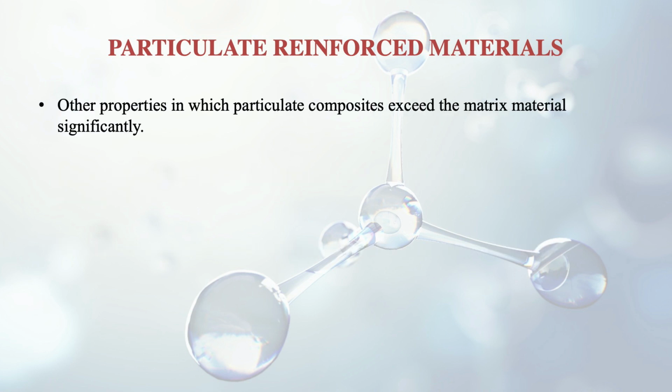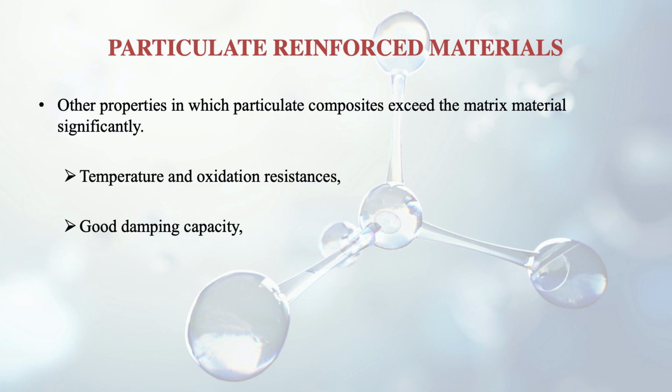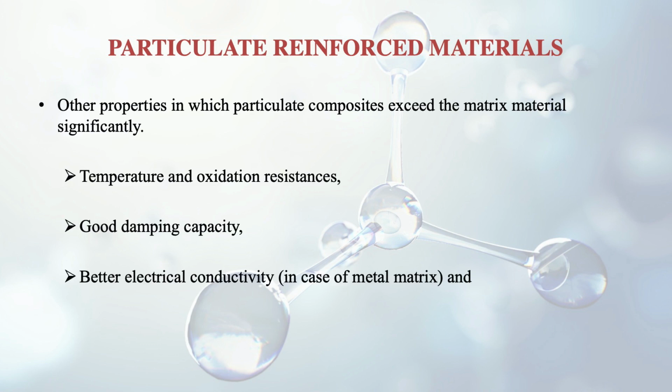Other properties also make particulate composites much better than the fibers, like temperature and oxidation resistance. Then it has good damping capacity, so wherever vibrations are more, we can use it. Then there is better electrical conductivity in case of the metal matrix, so they can be used as conductors also. And they have a controlled thermal expansion coefficient, so the thermal expansion can be controlled.